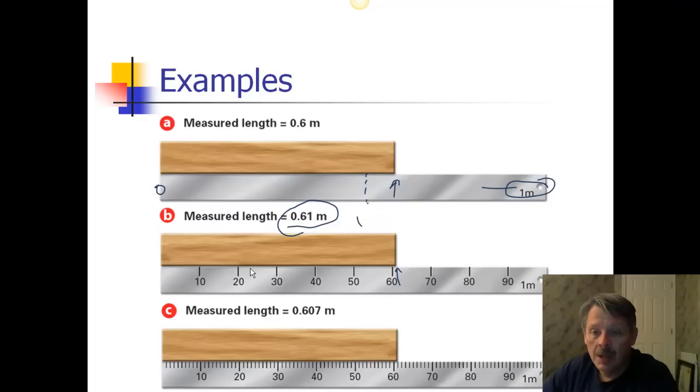Now, if I take that same piece of wood and put it in here where I actually have lines at 61 and 62, well, now I have to estimate one more digit. So it's somewhere between 60 centimeters and 61 centimeters, which is 0.60 and 0.61, so it's somewhere in the middle, and so whoever measured it said it was 0.607 meters.